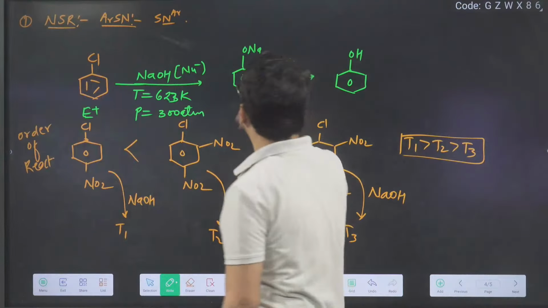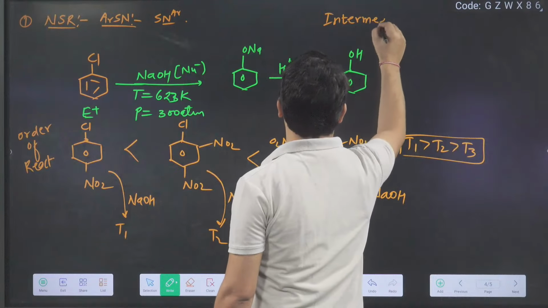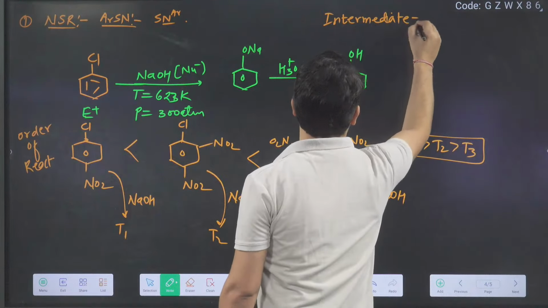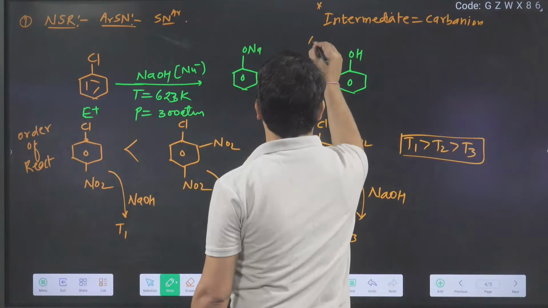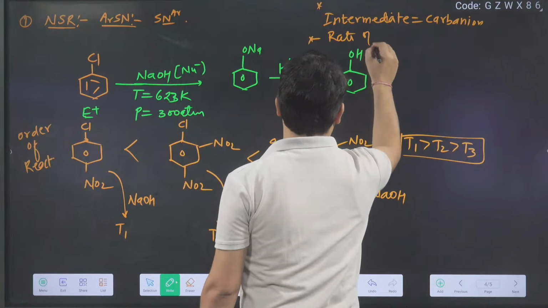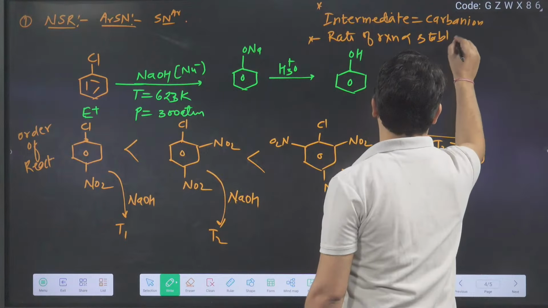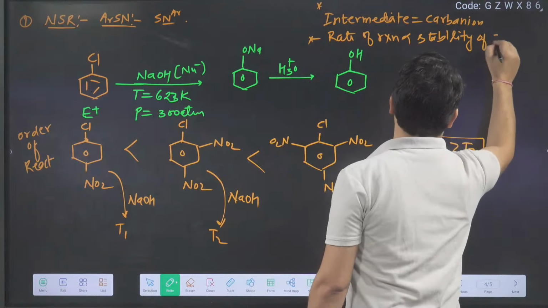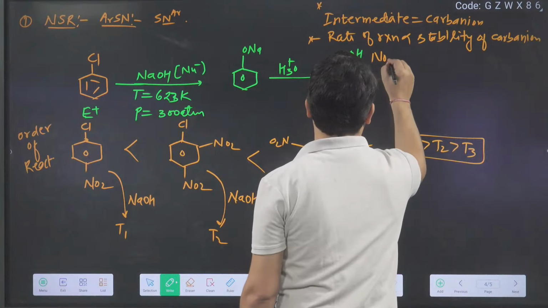If you remember, in this reaction, what was the intermediate? Carbanion. So therefore, I can say rate of reaction is directly proportional to the stability of carbanion.